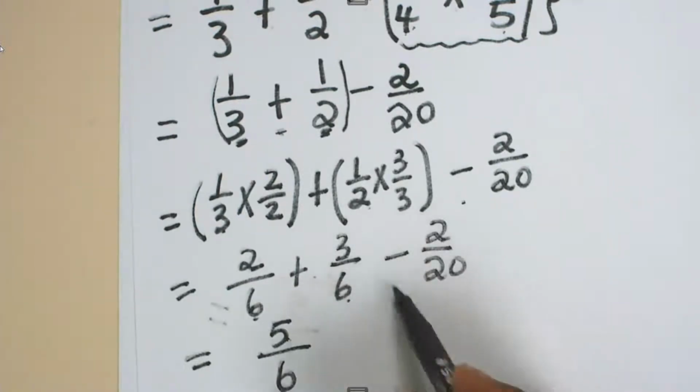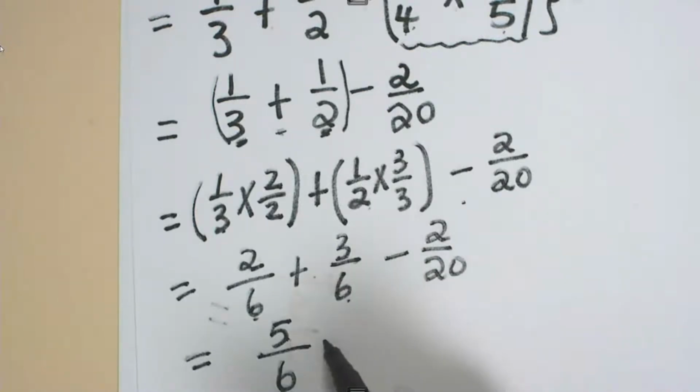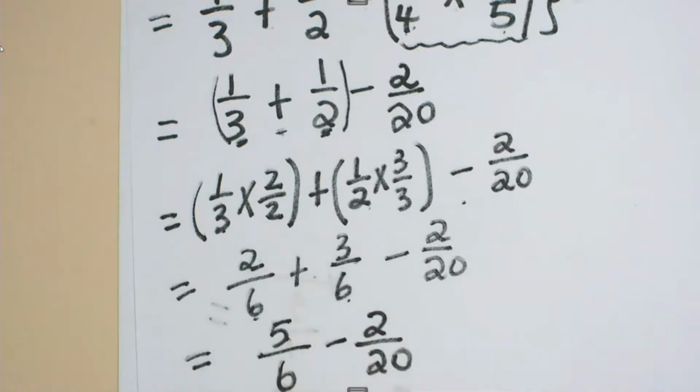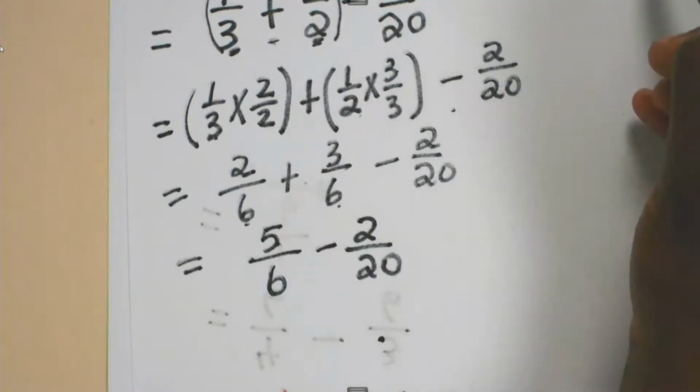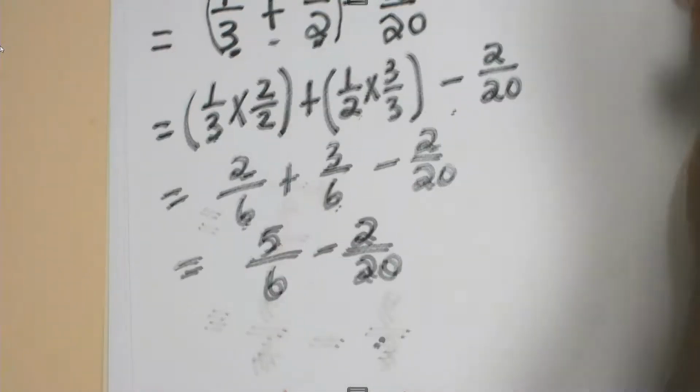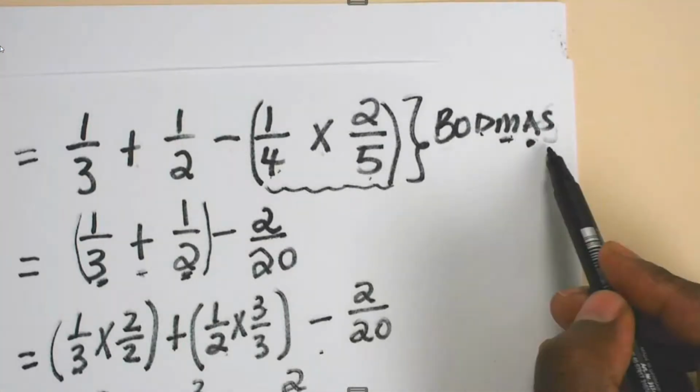Remember, we still have minus 2 out of 20. So say minus 2 out of 20. One step at a time. Now we are done, we go to BODMAS. Now the BODMAS allows us that we can subtract.